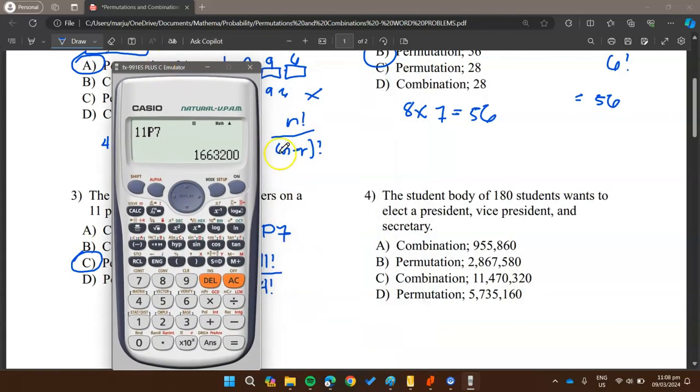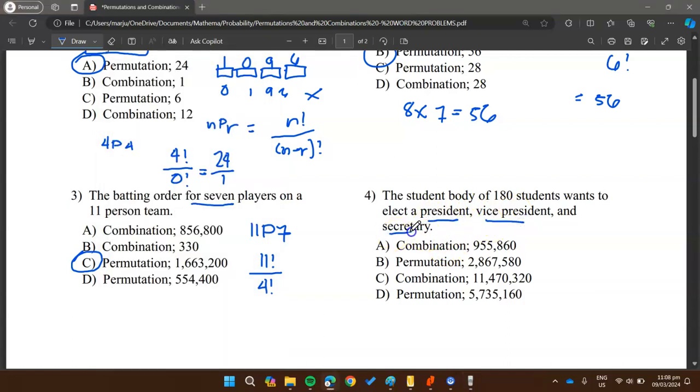Number 4. The student body of 180 students wants to elect a president, a vice president, and a secretary. So we have president, vice president, and a secretary. So again, this problem is just 180 permutation 3, right?